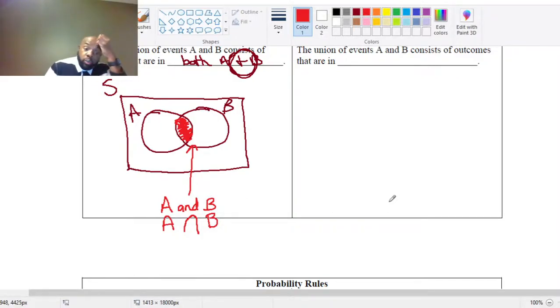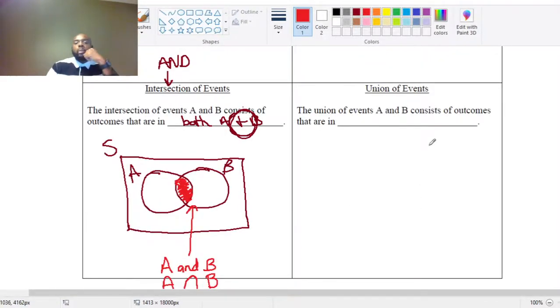In addition to being able to calculate the intersection, we can calculate the union of two events. The word union is synonymous for us with the word or. The union of events A and B consists of outcomes that are in A or B, or they can be in both A and B, right?